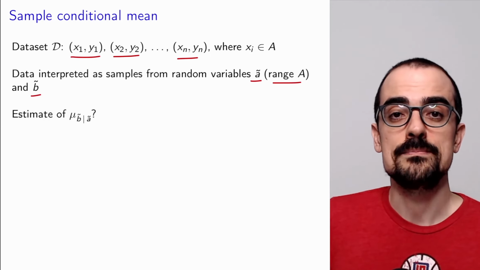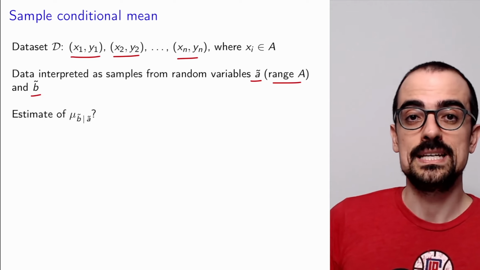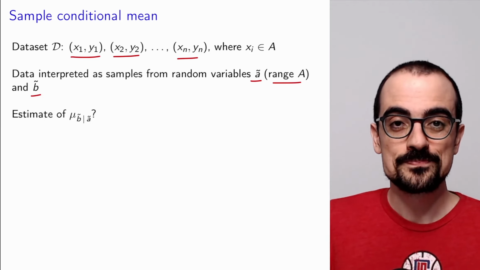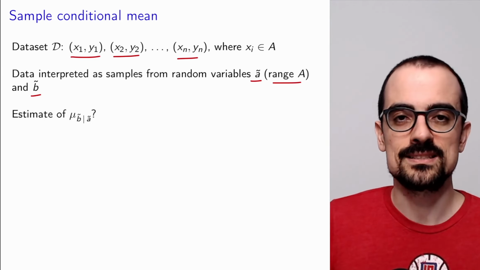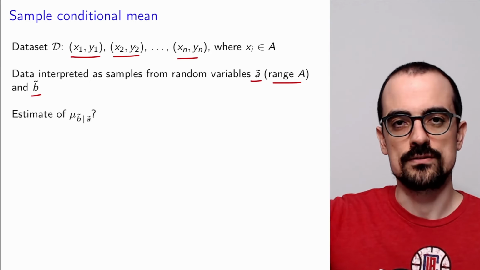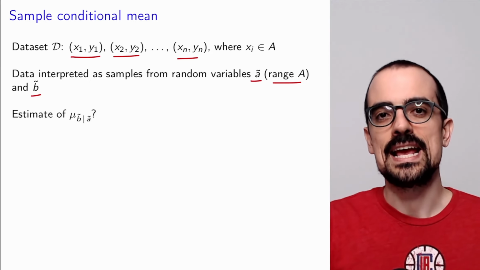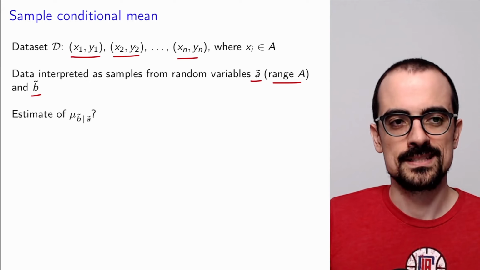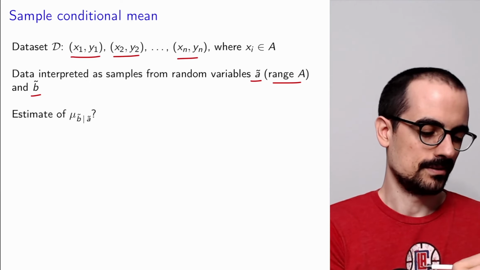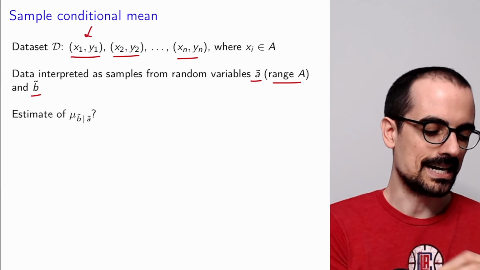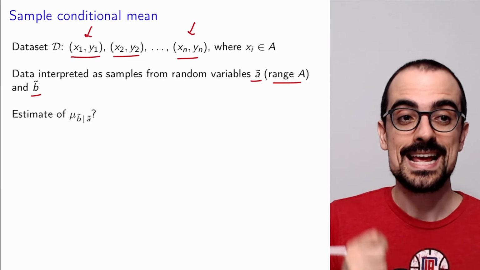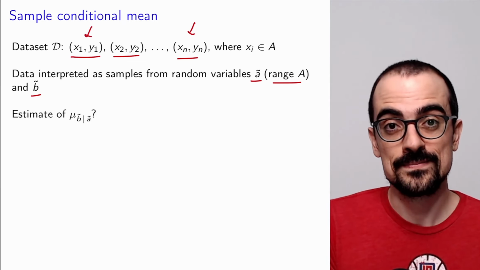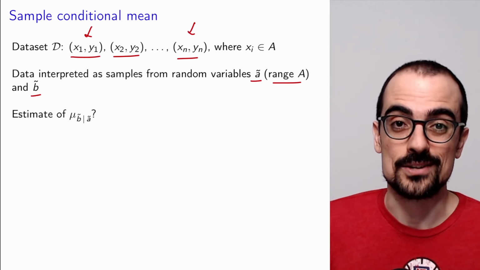And now we want to estimate the conditional mean of b given a. For example, imagine that we want the conditional mean function of b given that a is equal to 3. What are we going to do? Well, we're going to check for how many of these pairs xi is equal to 3, and then we're going to average the corresponding values of y.